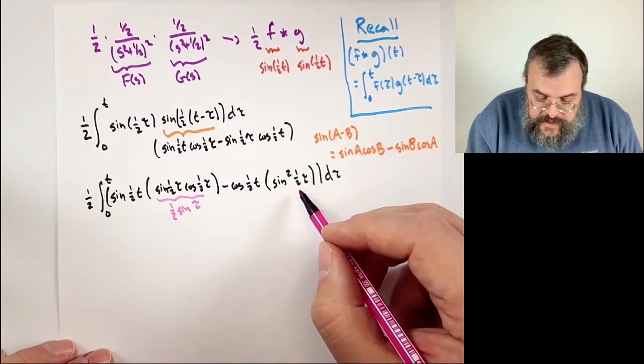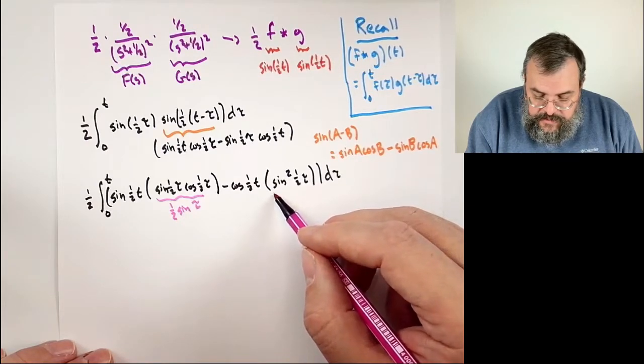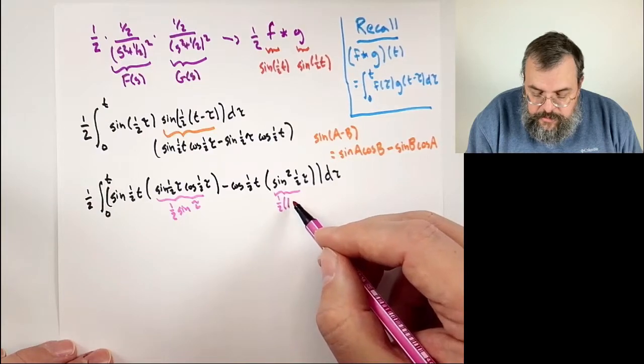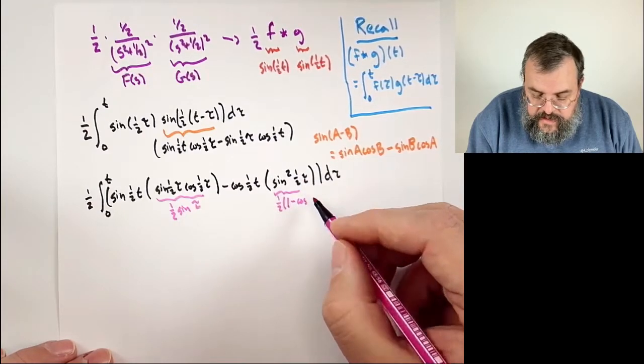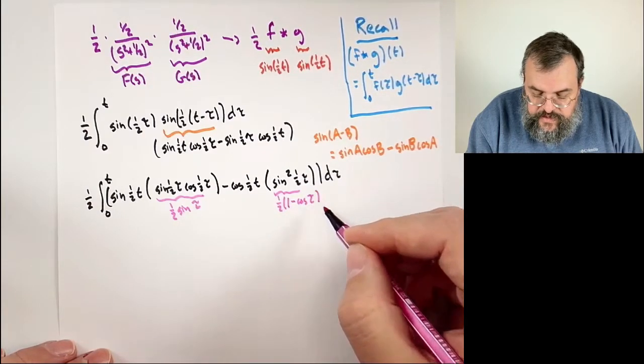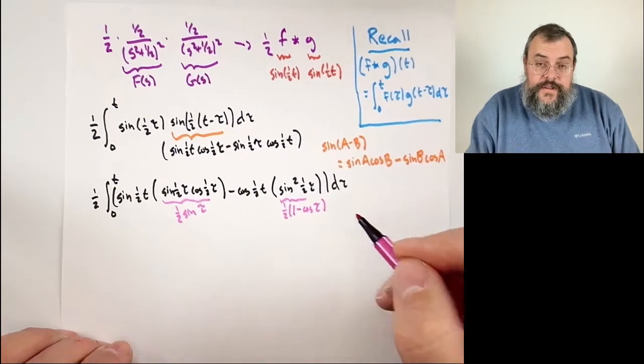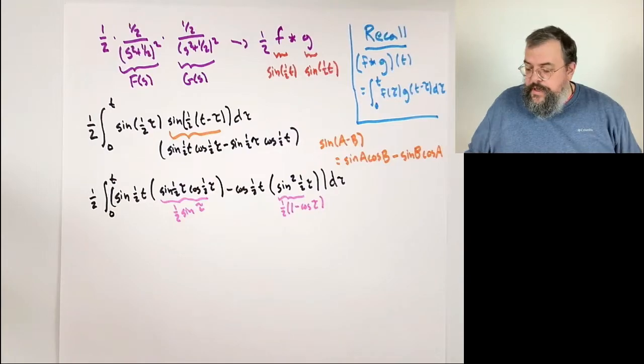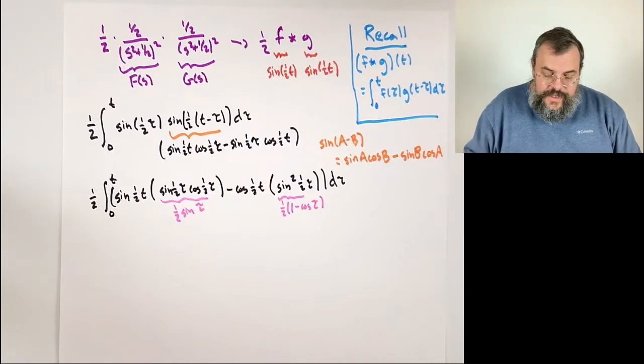Sine squared of something, well, this would be 1/2 1 minus cosine, double the angle, so cosine would be tau. All right, so our power reductions.